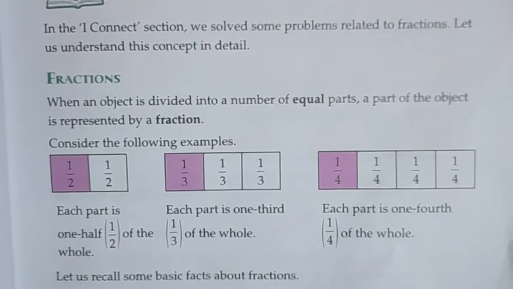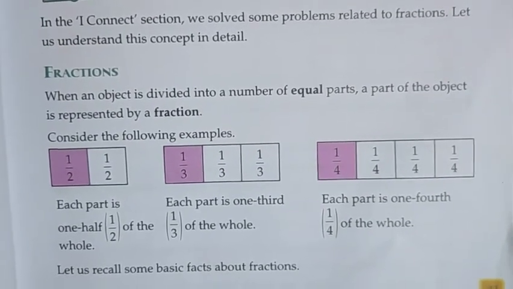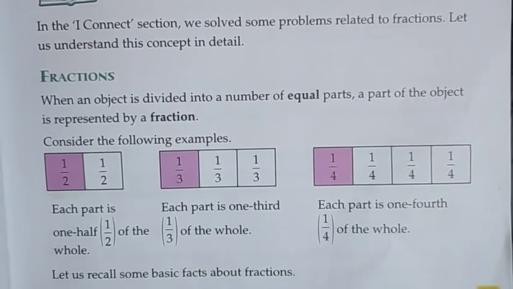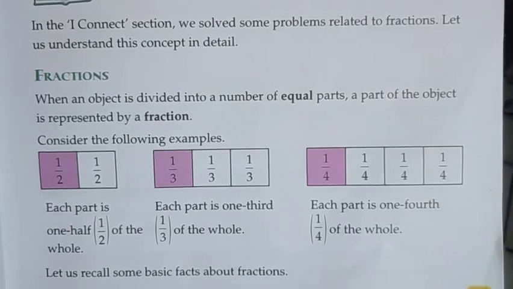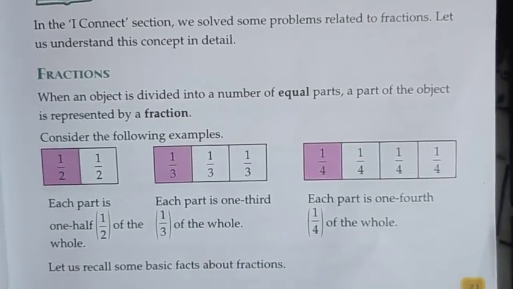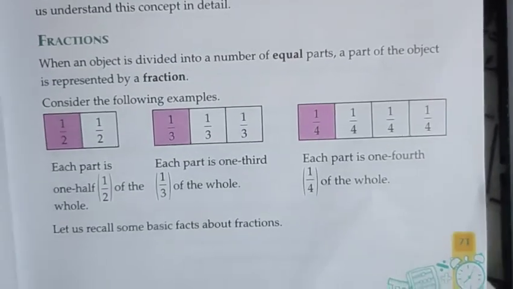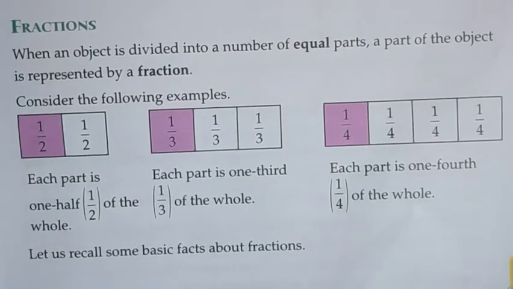See the example. The first object is divided into two equal parts. Each part is 1/2 of the whole. And the second picture, each part is 1/3 of the whole. And the third one, there are 4 equal parts. Each part is 1/4 of the whole.